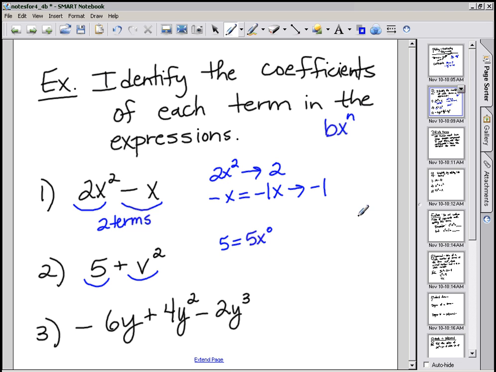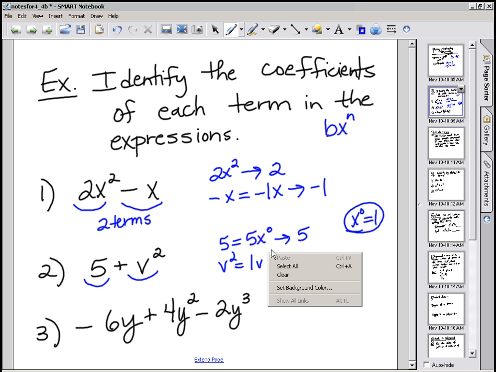And anything to the 0 power is understood to be 1. So certainly 5 times 1 is 5, so 5 times x to the 0 is still 5. So the coefficient of that term is 5. In the expression v squared, that's really the same thing as 1v squared, which is the coefficient of 1.